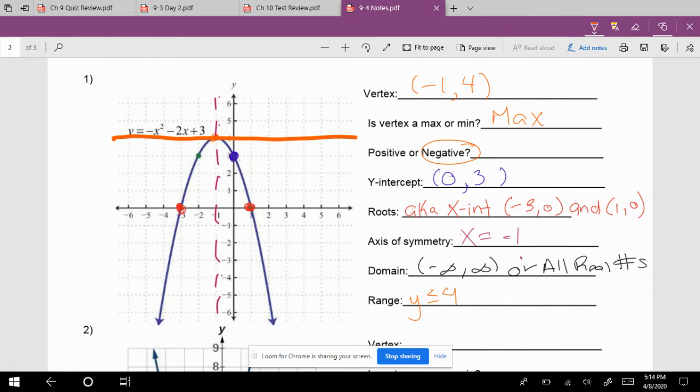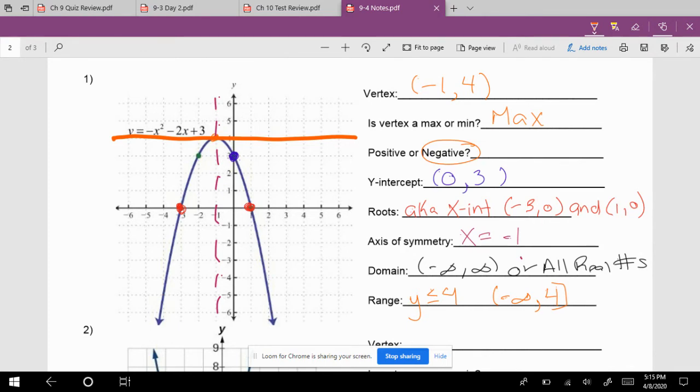Now on Canvas, you're going to see it in interval notation. So if I'm going less than 4, I am approaching negative infinity. So I would notate this as negative infinity to positive 4, and I'm able to equal the 4, so I have that bracket.